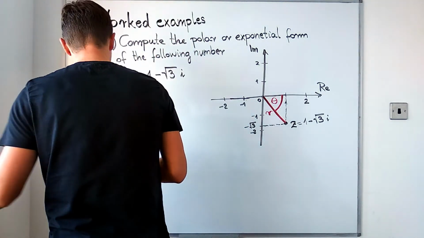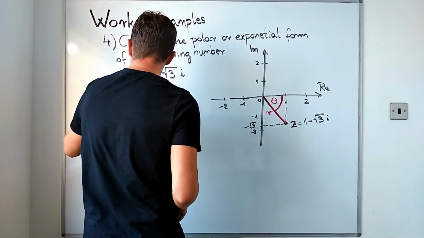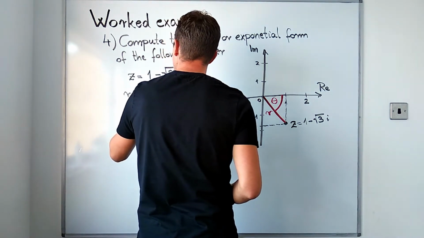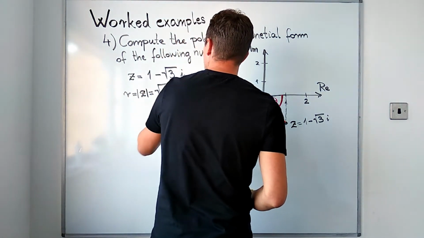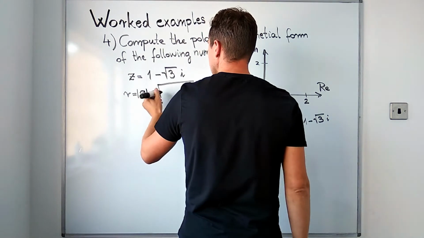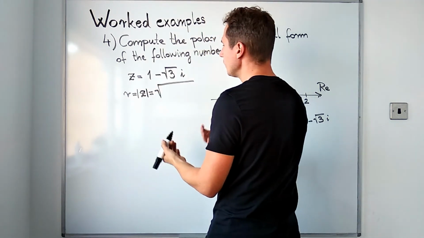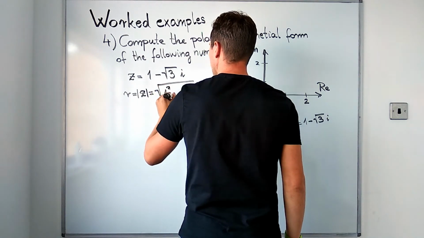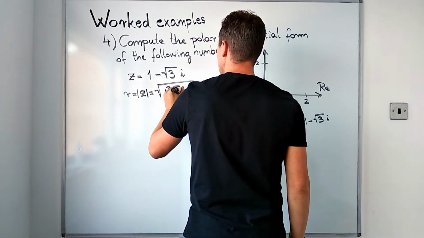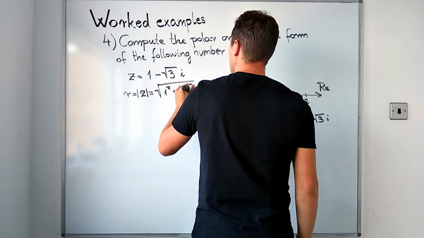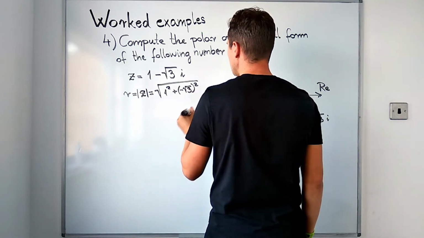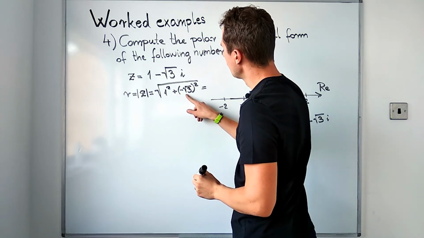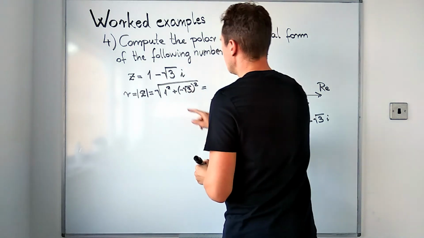Well, the length r is the modulus of our complex number, and it can be calculated by taking the squared sum of the real and imaginary parts and then taking the square root of that number. So we get 1 squared plus negative root 3 squared under the square root.